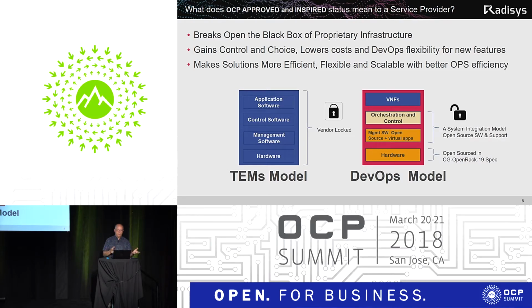Your deployments can be made up of many available hardware and software building blocks that are based on open standards. In the end, this gives you more options, more vendors, and lower system costs. Because of the ground-up re-architecture, it also provides better efficiency with more flexibility, scalability, and lower ops costs.